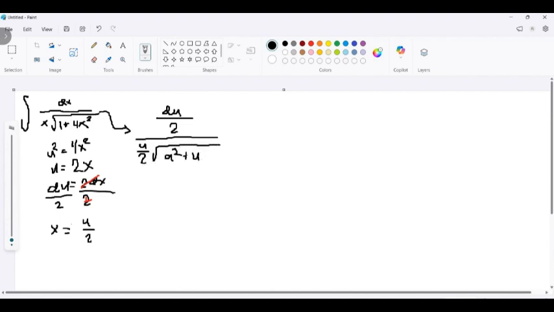Since we have x on the left side of our square root, we will use u equals 2x to get x, to which we will have x equal to u over 2, so that we can eliminate the 2 in the u squared and the du over 2 above.